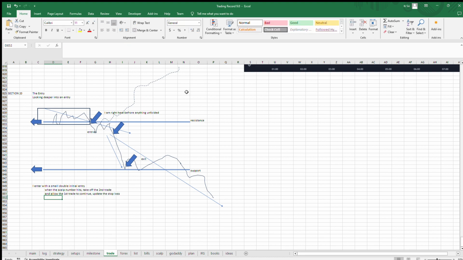So this is the entry, and this is how I'm going to trade it. This is going to be the blueprint for all other trades. Now if it does this, I'll get stopped out and the trade is over, and I'll look for something else, look for similar things, and trade it this way.